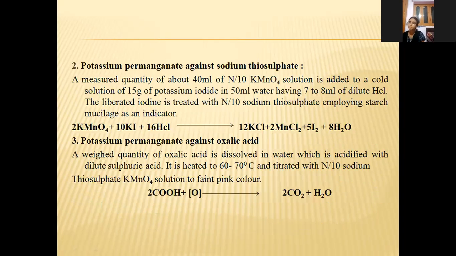Next, potassium permanganate against sodium thiosulfate. Here we take 40 ml of N/10 potassium permanganate solution, which means 0.1 normality, and add it to a solution of 15 grams of potassium iodide in 50 ml of water having 7 to 8 ml of dilute hydrochloric acid.